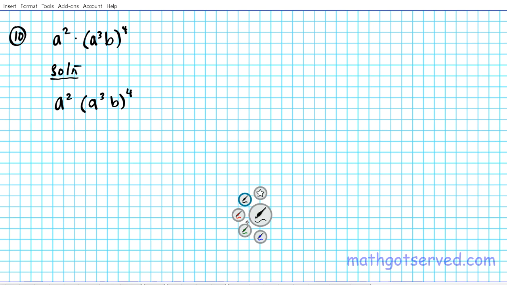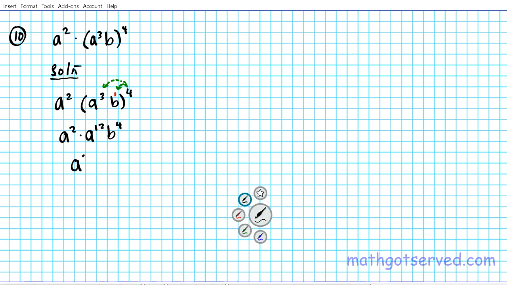So to do that, let's specify the power for b, which is 1. So we're going to distribute this 4 to 3 and 1 using the power of a power property of exponents. So we have a square times a to the 12th power, b to the 4th power. Okay, and then when we simplify further, we're just going to add the powers here.